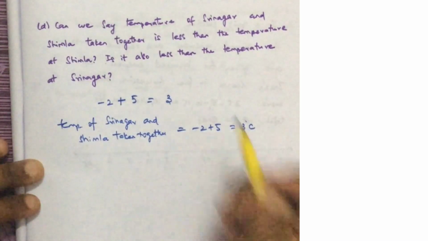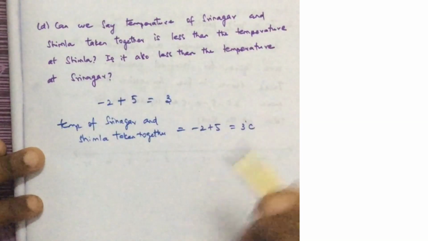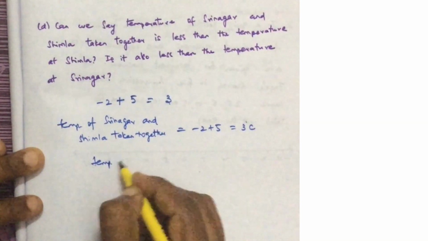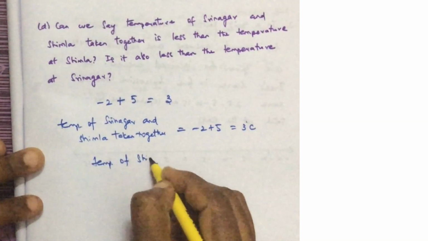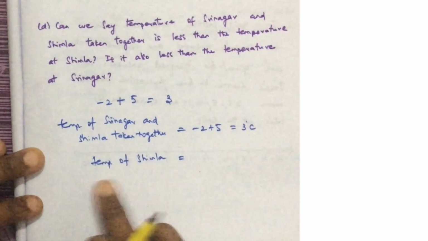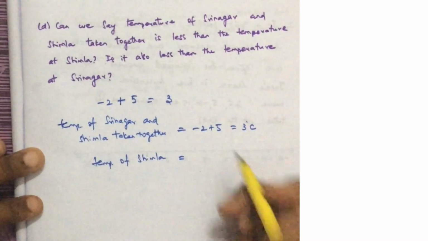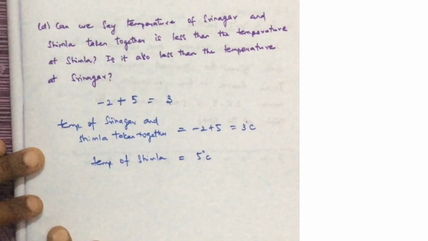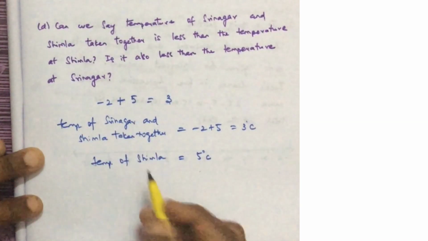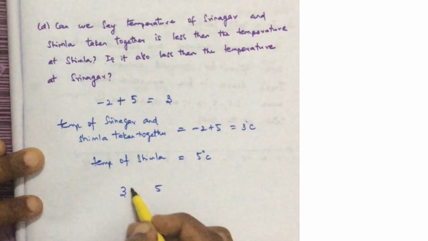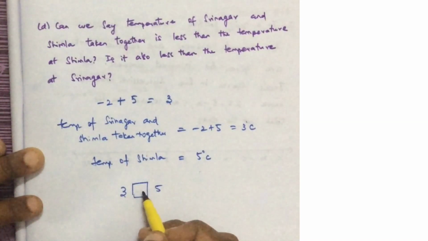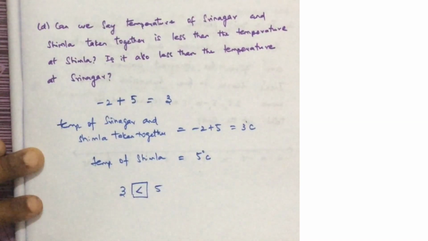Okay, now we have to check what is the temperature of Shimla. The temperature of Shimla is 5 degrees. Okay, out of these two, 3 and 5, which is greater? 5 is greater.